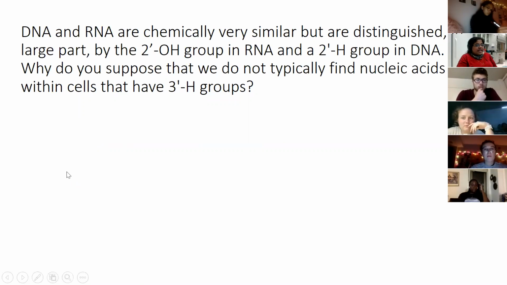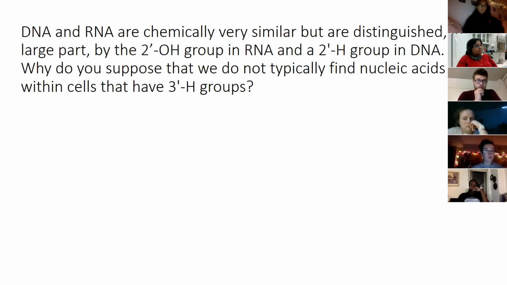DNA and RNA are chemically similar, but are distinguished in large part by the 2' hydroxyl group in RNA and 2' hydrogen in DNA. Why do you suppose that we do not typically find nucleic acids within the cells that have 3' hydrogen groups? Do you guys know why?